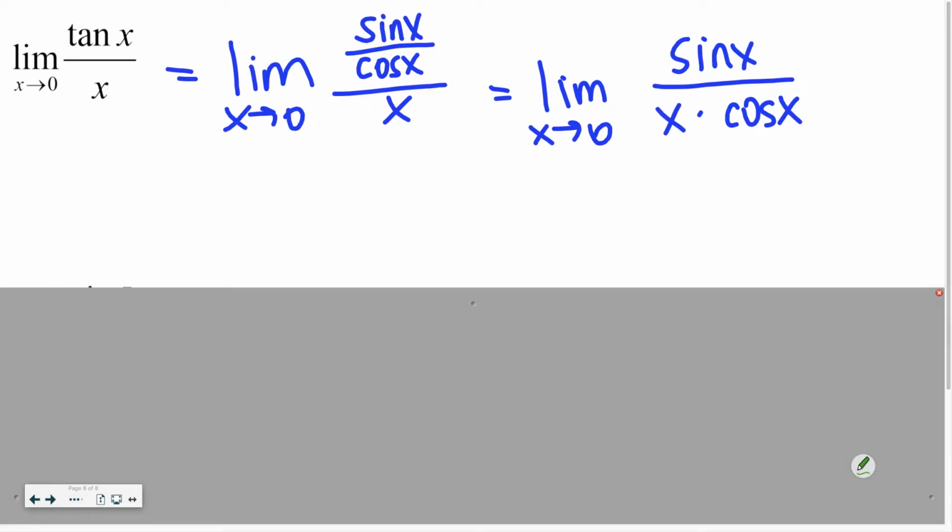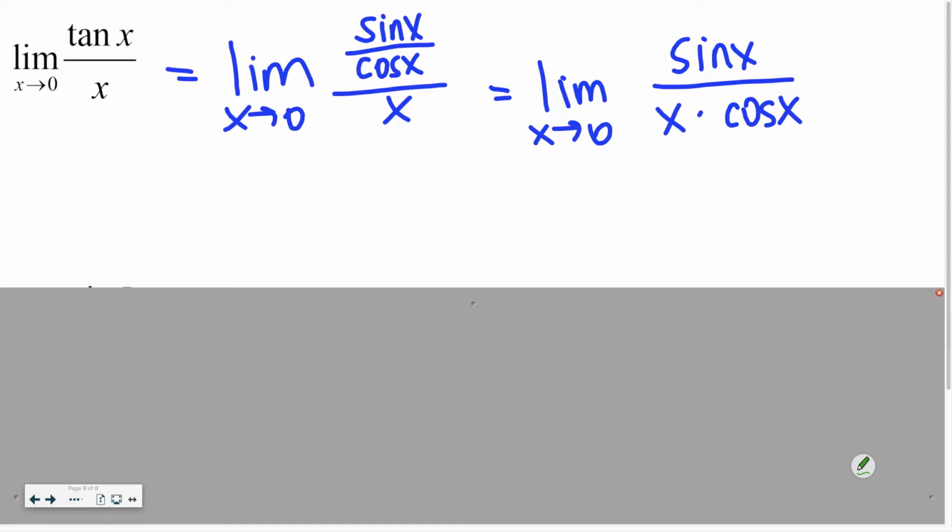Well, that's cool. We have sine of x over x, don't we? And our limit is approaching 0. So what's the limit as x approaches 0 of sine of x over x?